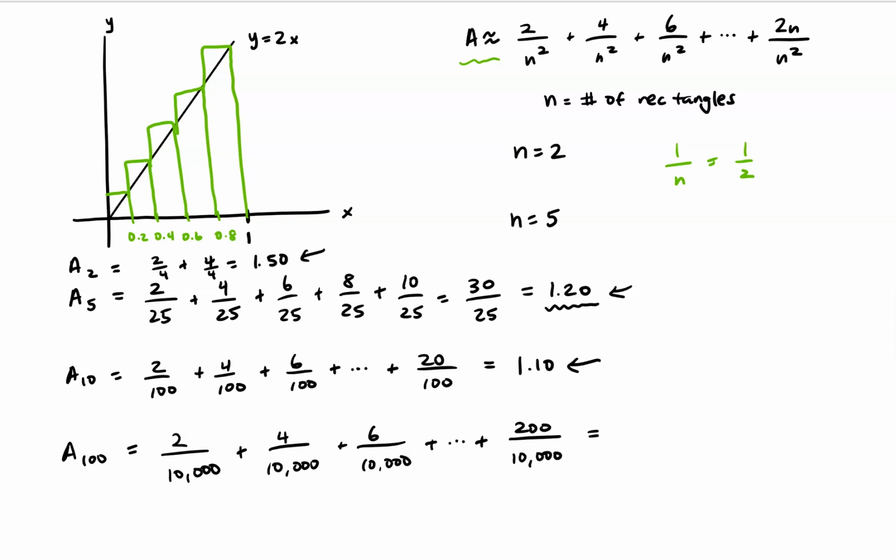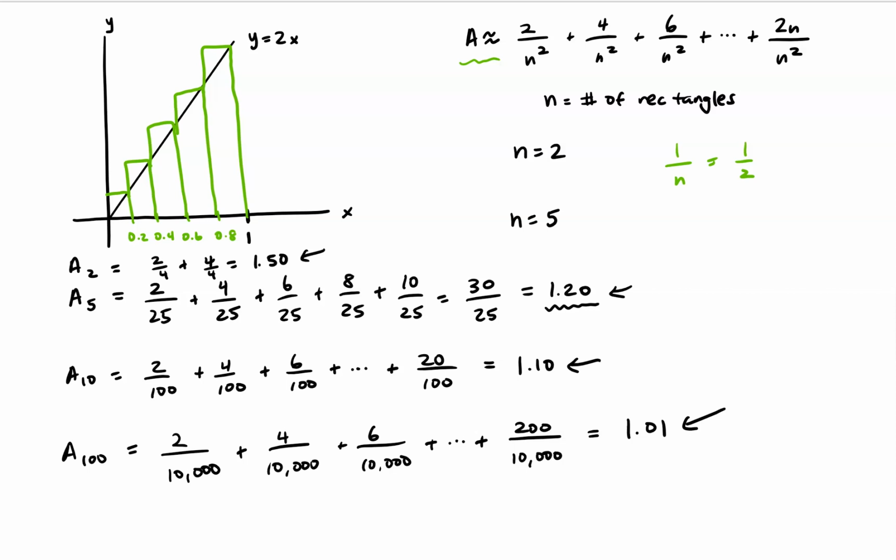And if you add all of those together, that ends up being 1.01, which is very, very close to our exact area of 1. So it turns out the more rectangles that you use, the more accurate your approximation is going to be.